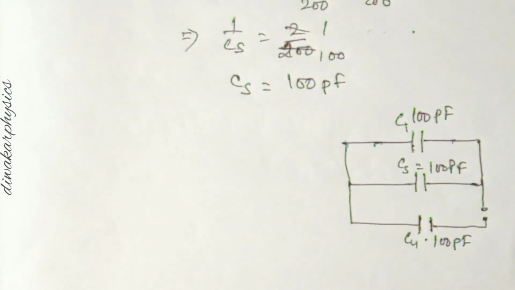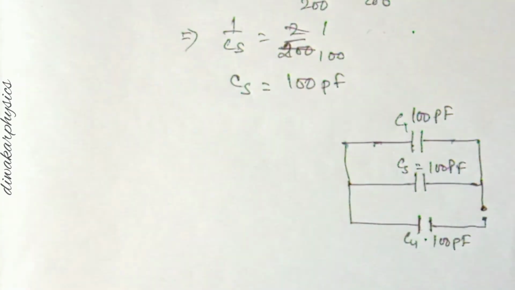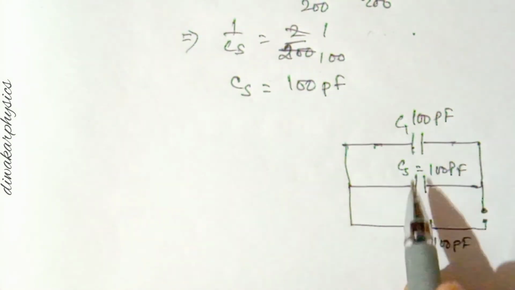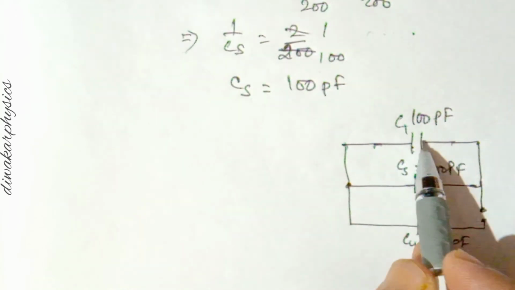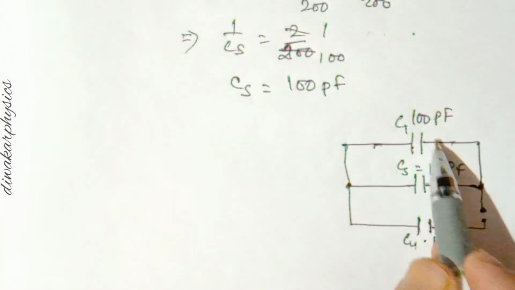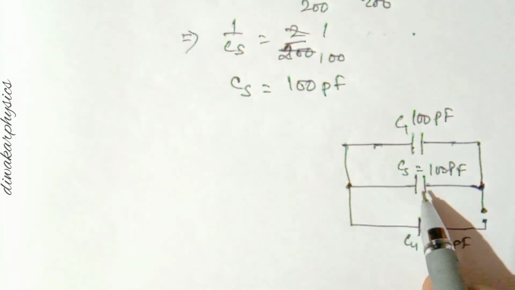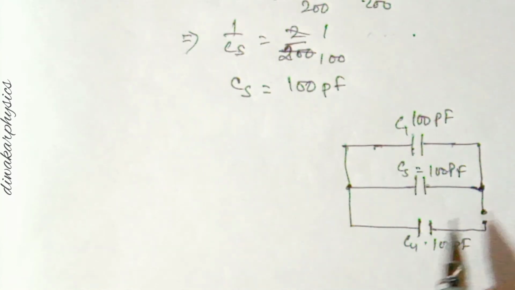Now again we have three capacitors, and they must be combined. How are they connected? If you see these two, the opposite ends are connected here, and the other opposite plates are connected here. So these two are in parallel. What about this one? Some may think all are in parallel. Check.